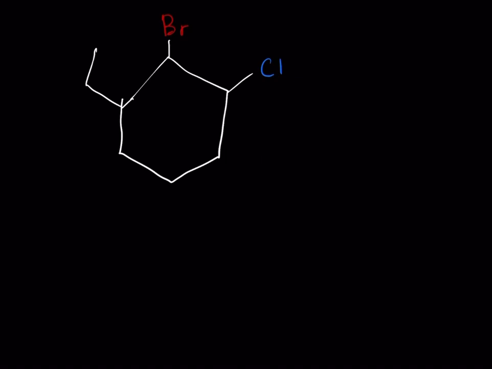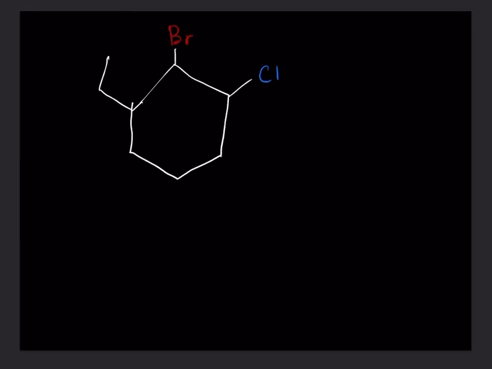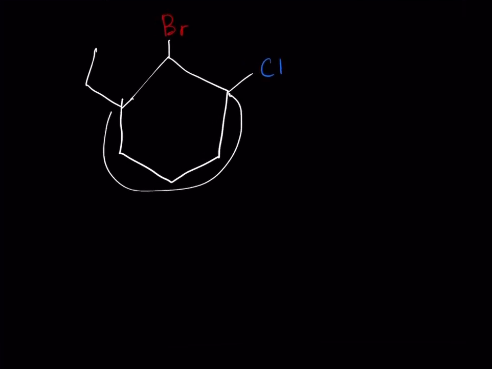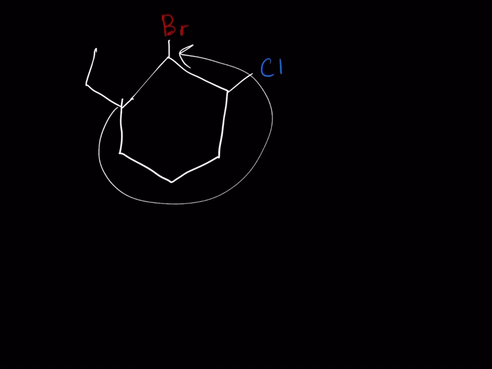In order to get the numbers the lowest possible, we don't really want to start at chlorine and then go like this, because that would mean that the bromine is going to be on number 6. We don't want to do this as well. We want to go like this, or like this. But which one do we choose?